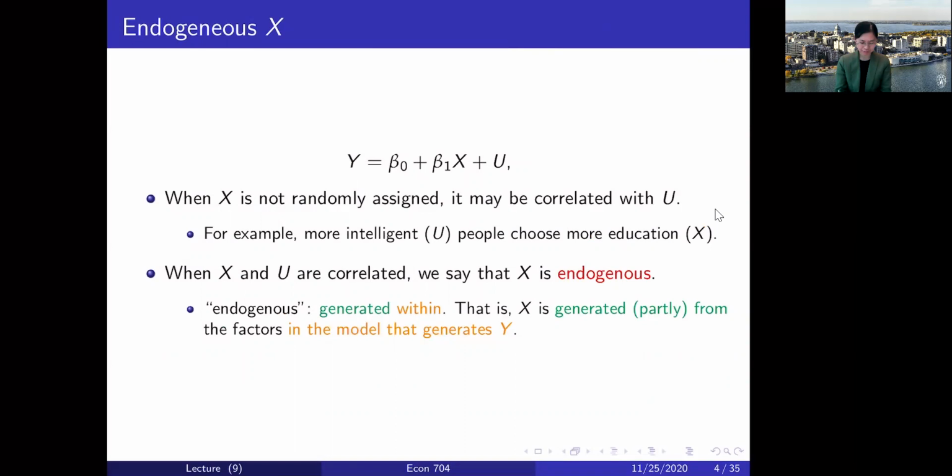So when X is not randomly assigned, it may be correlated with the error term. Just to give you a very simple example, suppose that u contains the intelligence of people and X is the education, then intelligence clearly is correlated with education.